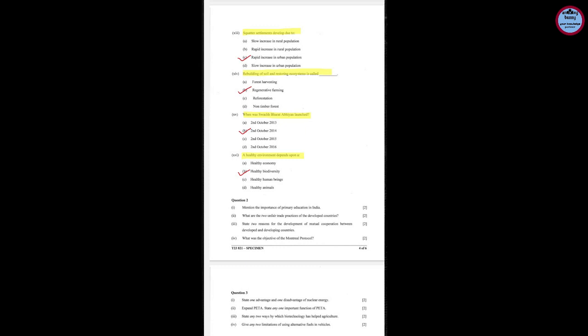Next question, rebuilding of soil and restoring ecosystem is called: forest harvesting, regenerative farming, reforestation, non-timber forest. The correct answer is regenerative farming, that is rebuilding of soil and restoring ecosystem.